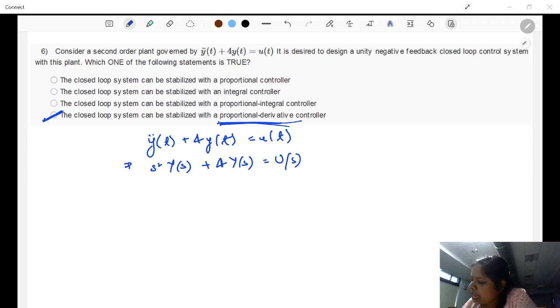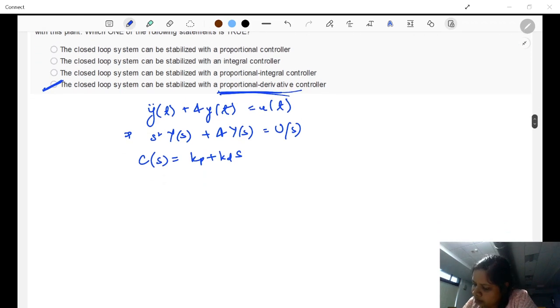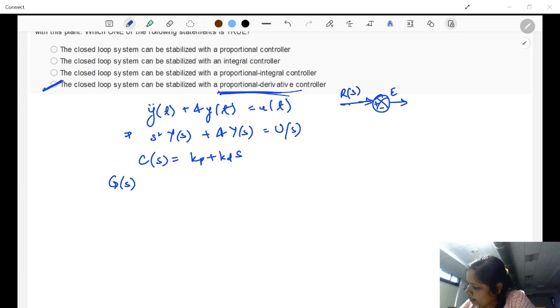Then, since I want to check the proportional derivative controller, your CS would be Kp plus Kds, right? Once you have this, what would be your GS? We saw earlier that this is RS, the reference input. Then what you do? You get an error.